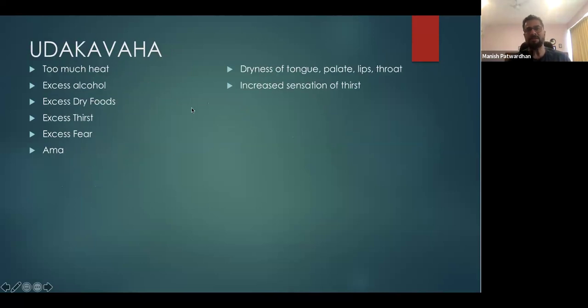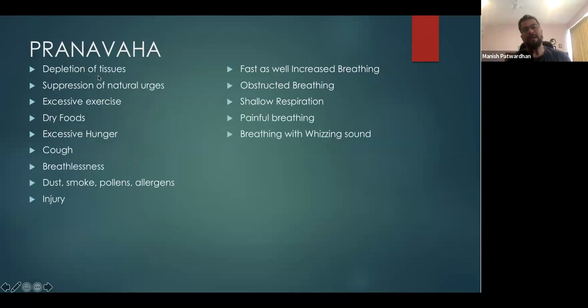Pranavaha srotas is disturbed by depletion of tissues, that is tissue loss, suppression of natural urges, particularly the urges of sneezing and coughing, excessive exercise, dry foods, excessive hunger, coughing, breathlessness, dust, smoke, pollens and allergens, and physical injury to the organs of pranavaha srotas. These are the causative factors.